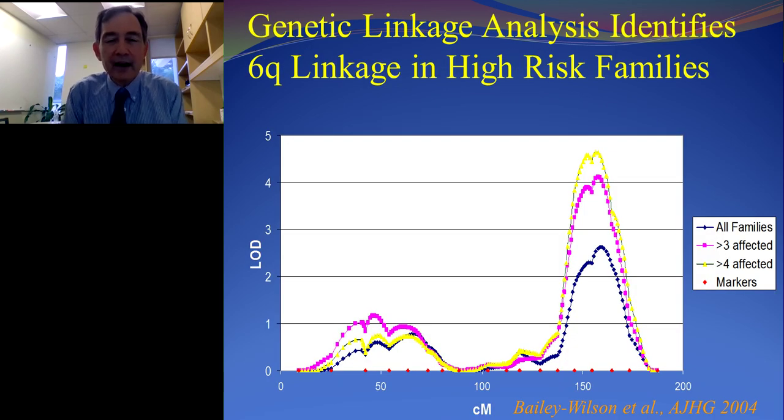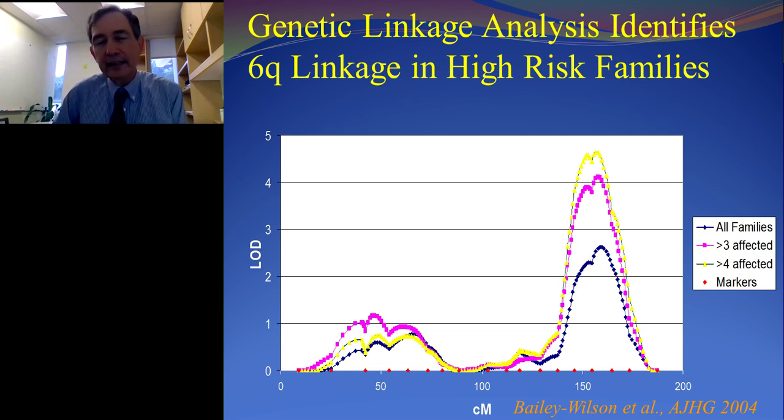So when we analyzed these data, we found a region on chromosome 6q that was supporting evidence for a genetic factor. That evidence is measured by something we call a LOD score, and LOD scores over 3 are considered very strong evidence. In this diagram, we're showing that the evidence for an effect is really restricted to those families that have 3 or more affected persons in the pedigree, and really it's the 4 or more in a pedigree that is driving the evidence.